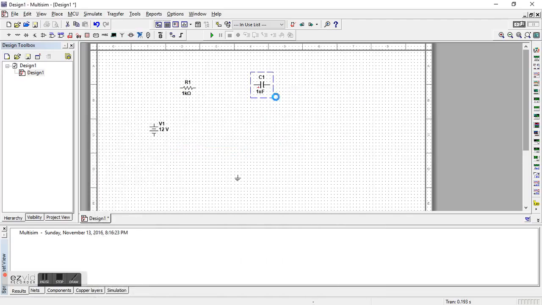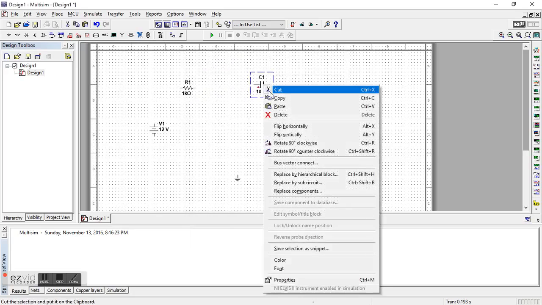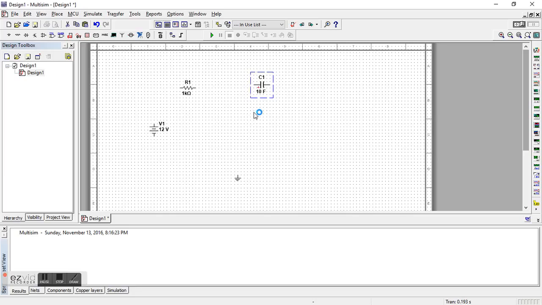Then we'll change the property of the capacitor, increasing its capacitance to 10 farads. And we'll copy it because we'll be needing two of them for parallel capacitors. Then we'll connect the resistor to the voltage source.